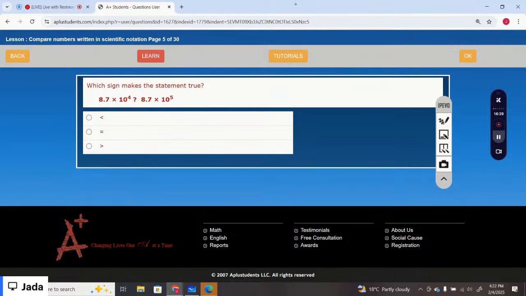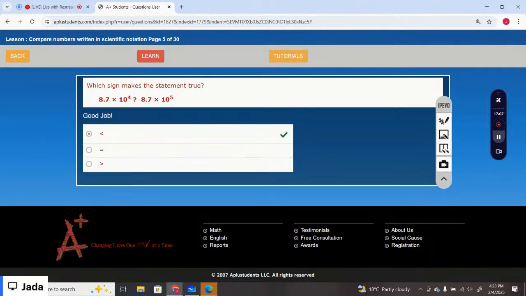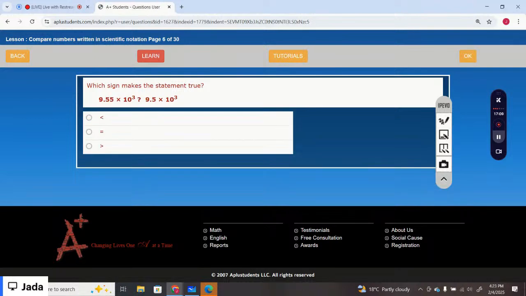So the first thing you have to do is look at their exponents. 4 is less than 5, so 8.7 times 10 exponent 4 is less than 8.7 times 10 exponent 5.